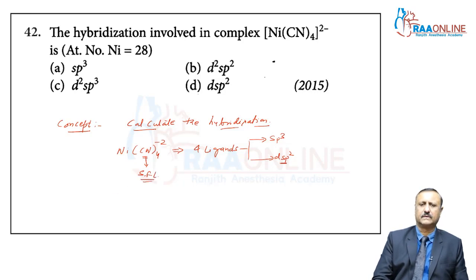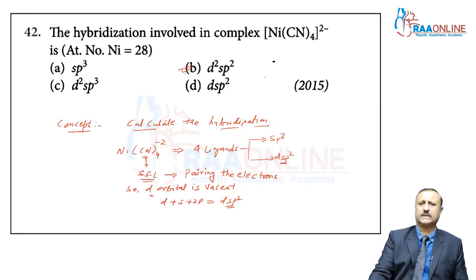Strong field ligands pair the electrons, and when pairing of electrons is done, the d orbital is vacant. When the inner d orbital is vacant, it is involved in the hybridization: 1d, 1s and 2p. So you can see dsp2 hybridization is present in [Ni(CN)4]2-.